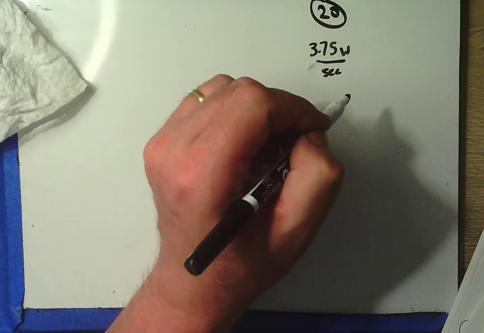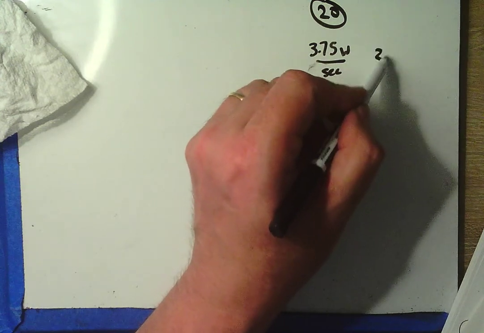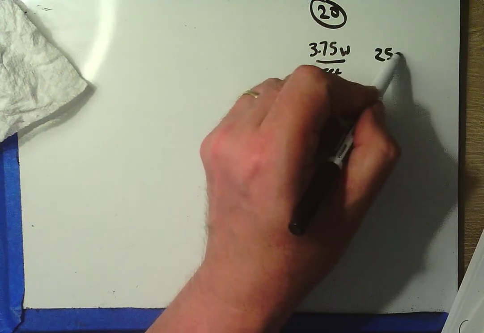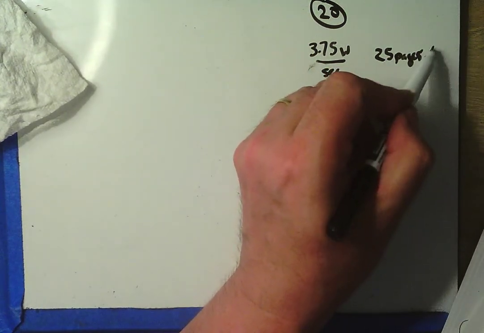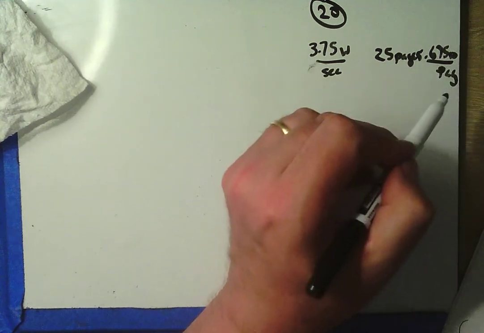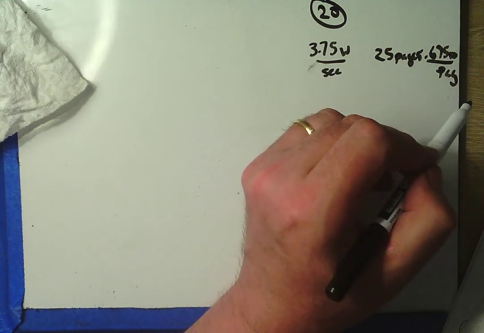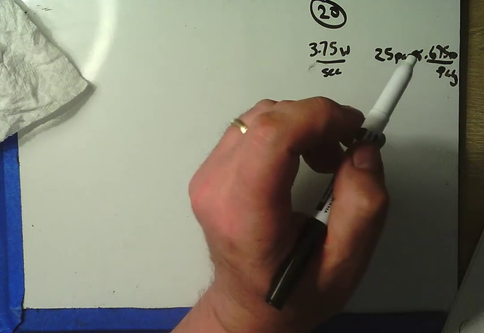And a trial transcript contains 25 pages with 675 words per page. If this court reporter typed the transcript at the typical rate, how long did it take?